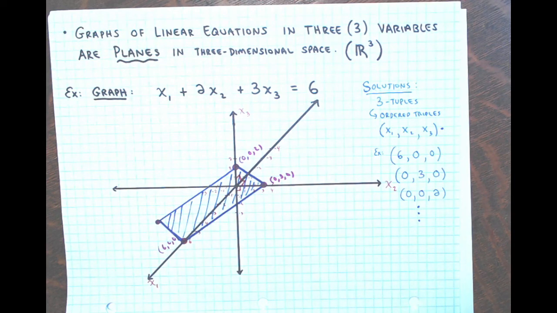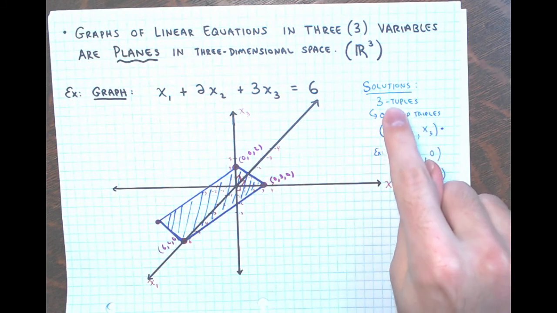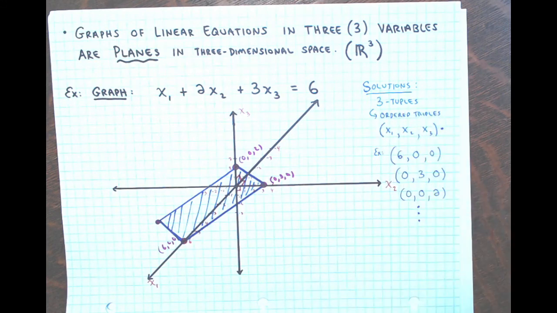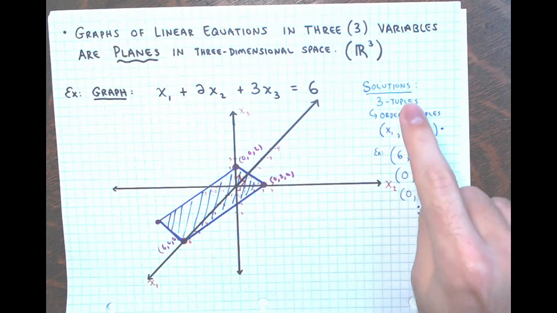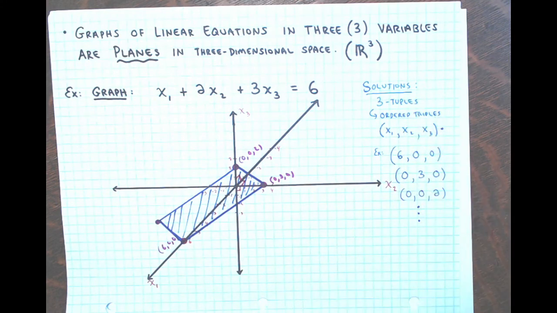But if I have an equation in 4 variables, the solutions will be 4-tuples, and then 5-tuples for equations with 5 variables, 6-tuples, 7-tuples, etc. For 2-tuples and 3-tuples, usually they're called just ordered pairs and ordered triples. But after that, calling them 4-tuples, 5-tuples, 6-tuples is usually the convention.